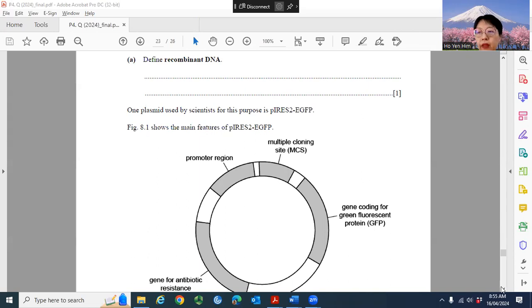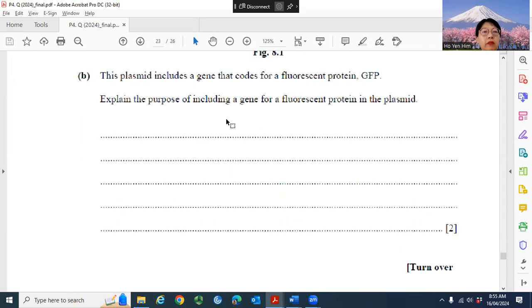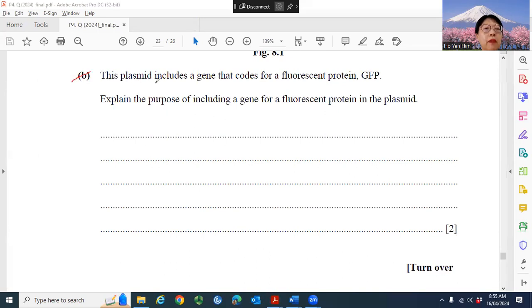Okay, next question. B. This plasmid includes a gene that codes for fluorescent protein GFP. Explain the purpose of including a gene for a fluorescent protein in the plasmid. So when you say that the protein is a marker, is not correct.